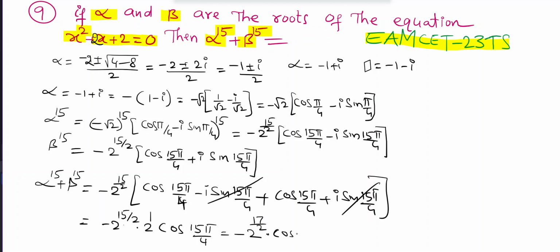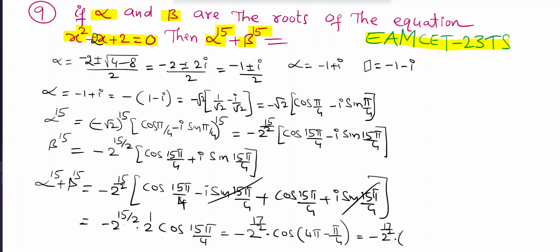Into cos 15 pi by 4 is written as, this is 4 pi minus pi by 4. That means 4 into 4, 16 pi minus pi, 15 pi by 4. This is equal to minus 2 to the power of 17 by 2 into cos of 4 pi minus pi by 4. This is minus cos pi by 4.